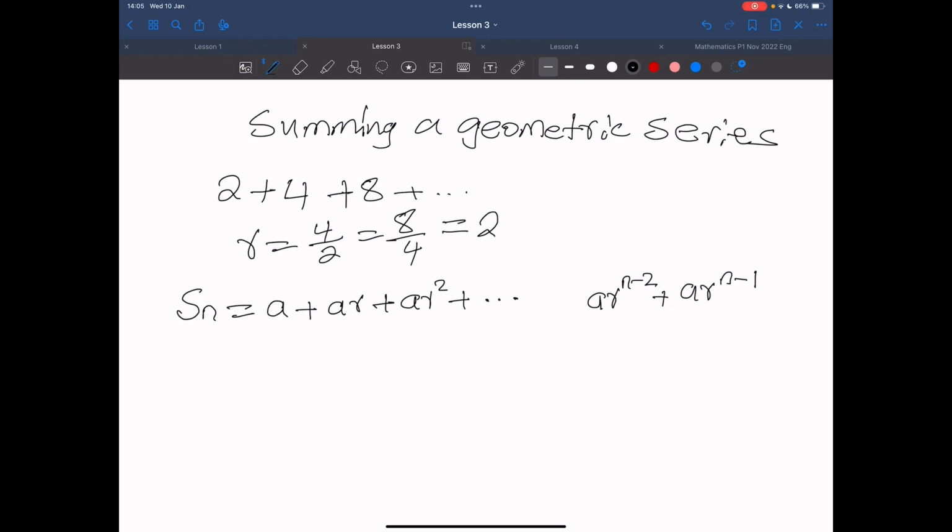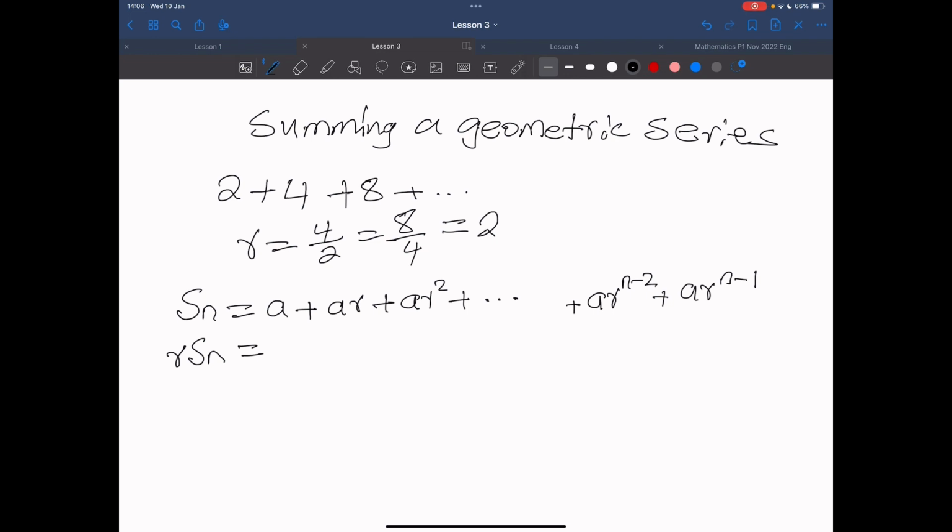So we want to add the terms of a geometric series. We say this is a series because we are adding. If it's just commas there, it's a sequence. Now we are going to multiply the sum Sn by r. So we have r multiplied by Sn, in other words, we take every term and multiply it by r.